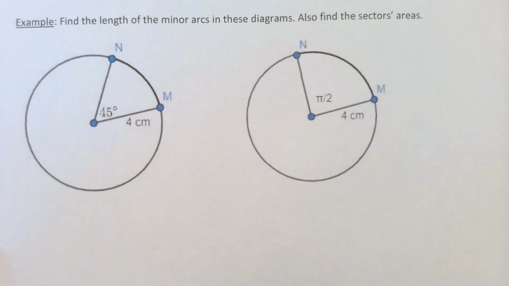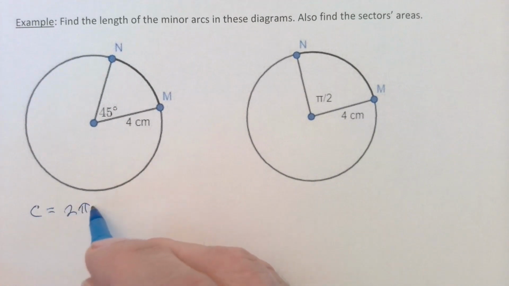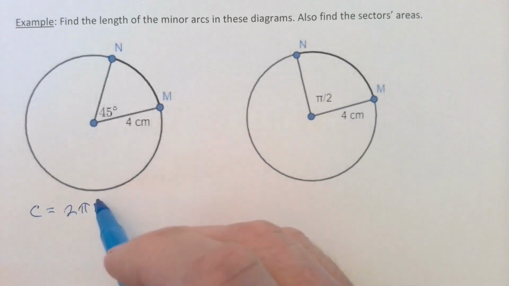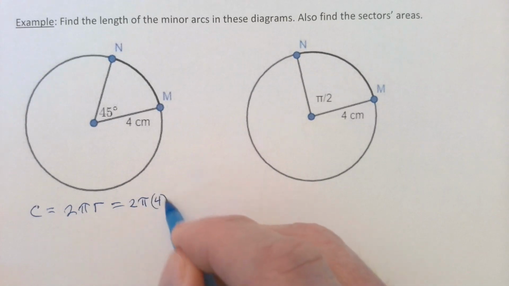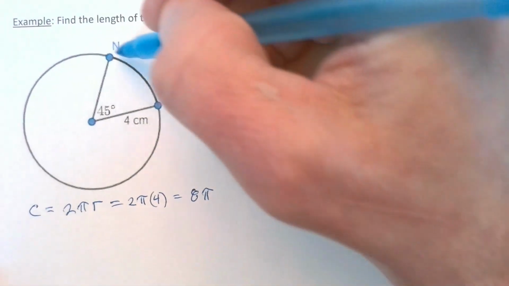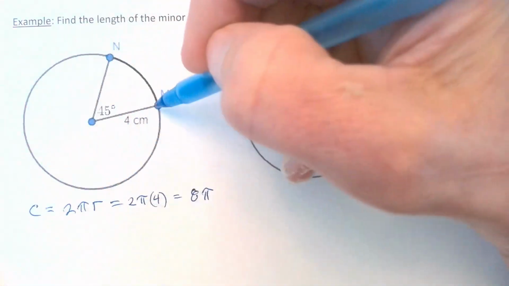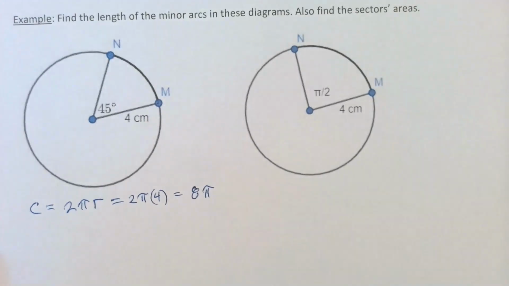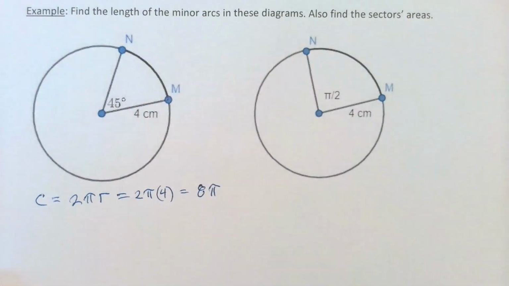What do I mean by that? Well, okay, first of all, how far is it all the way around the circle? That's 2 times pi times r. The radius is 4, and that's 8 pi. 8 pi is the distance all the way around the circle, from M all the way around to M. We clearly don't have that much distance here. Our arc, M to N, is smaller.